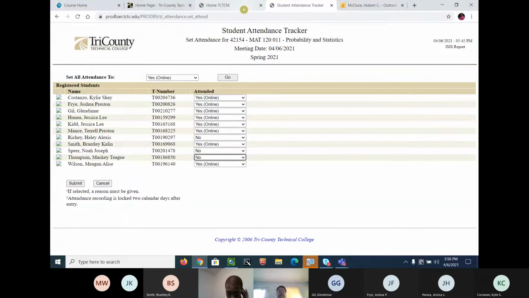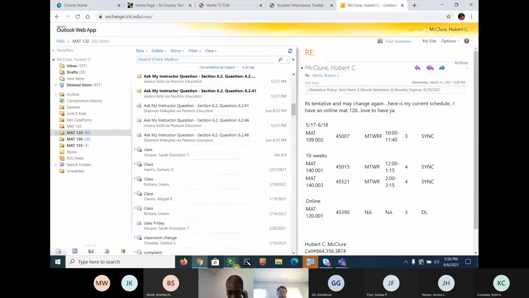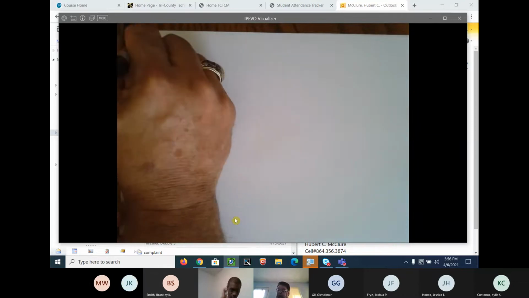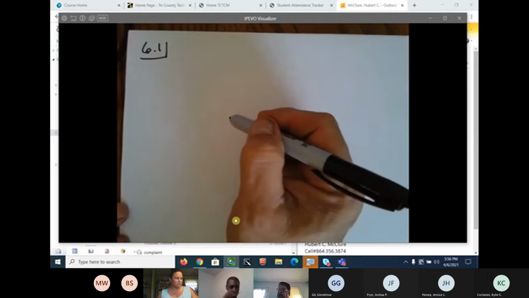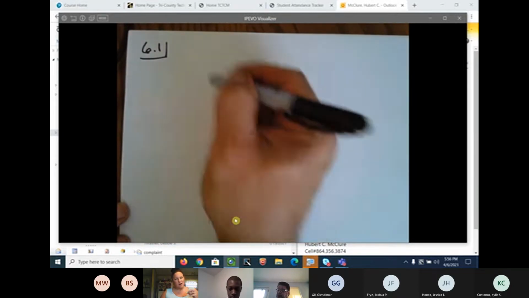All right. So first of all, I want to go over 6.1. I just want to make sure everybody understands. In 6.1, they basically want us to know a probability distribution.